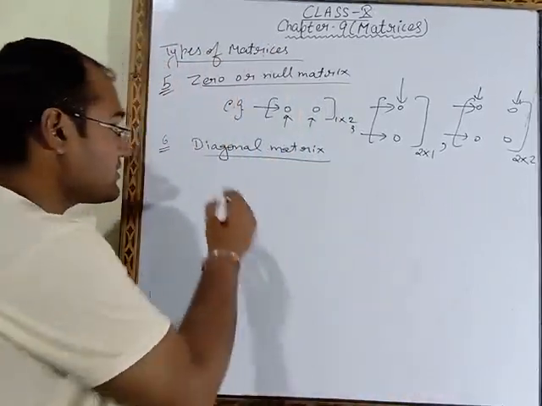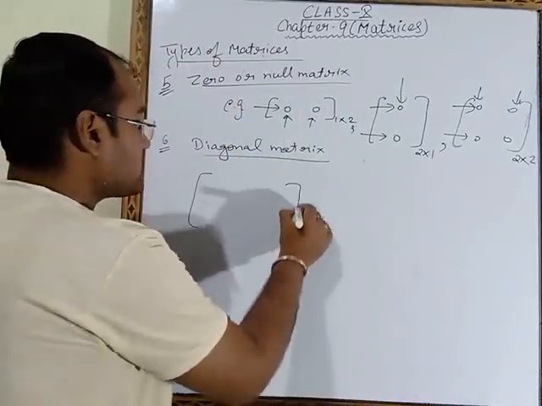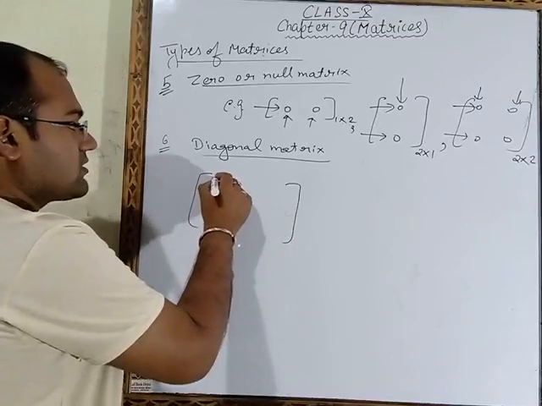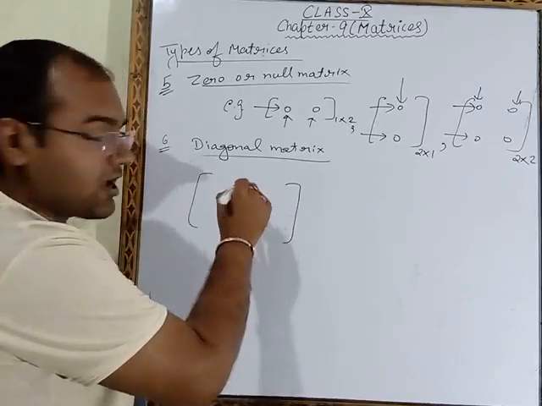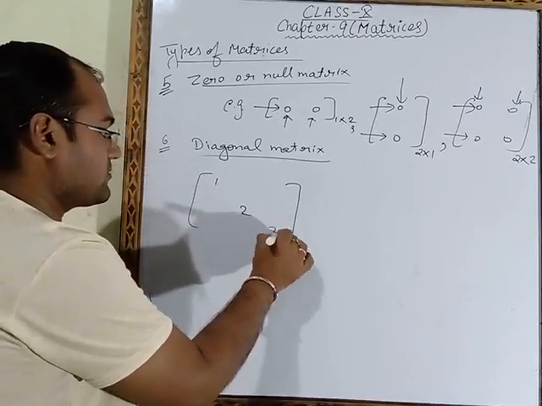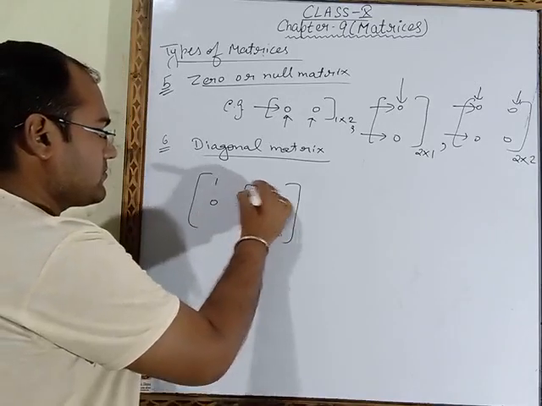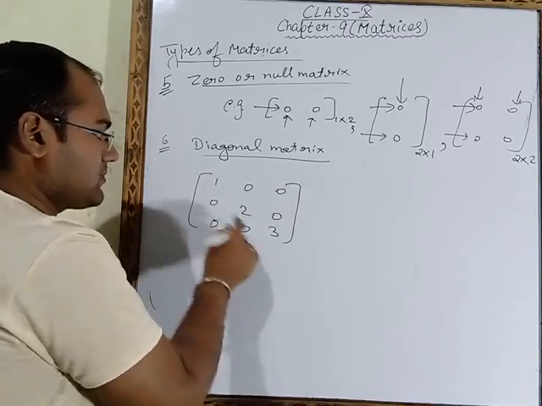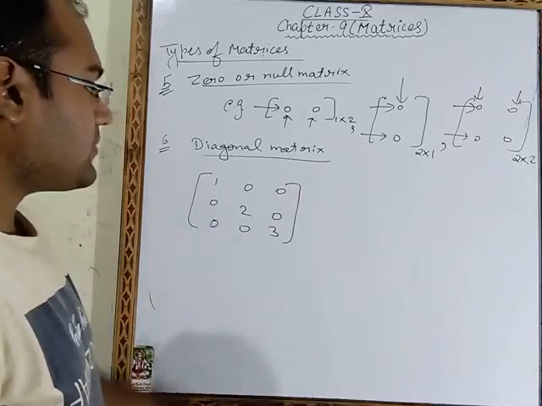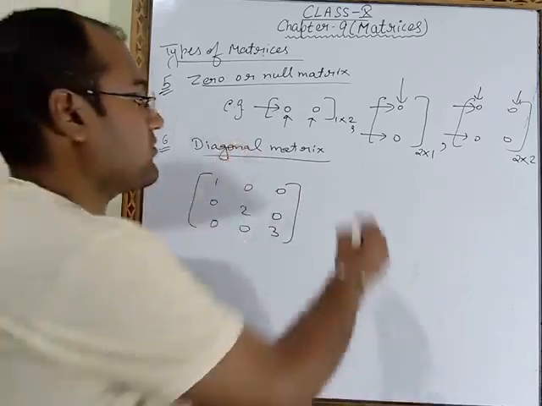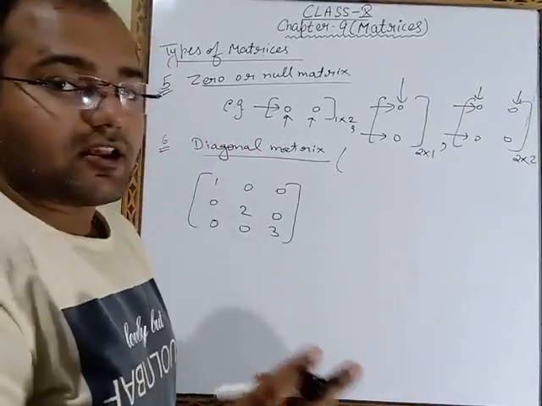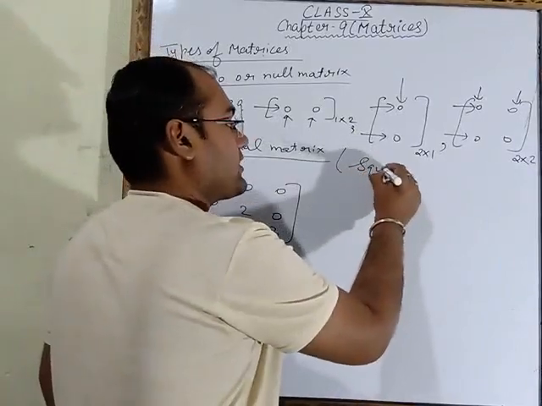Leading diagonal means, suppose I had written one square matrix, this. So for the diagonal matrix, first of all you have to remember what it is. A diagonal matrix is a square matrix.